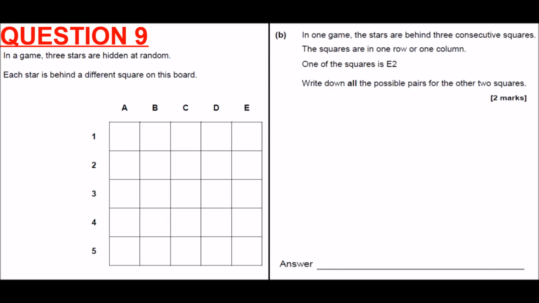Part B, in one game the stars are behind 3 consecutive squares. Okay, so I'm just going to try and run through what this means. So 3 consecutive squares, all that means is the stars are in a line.